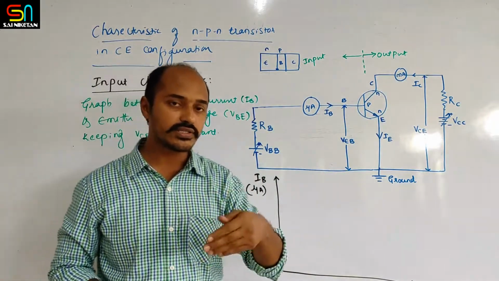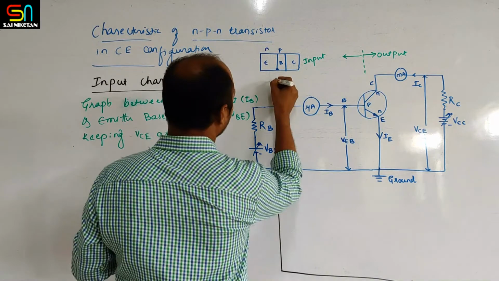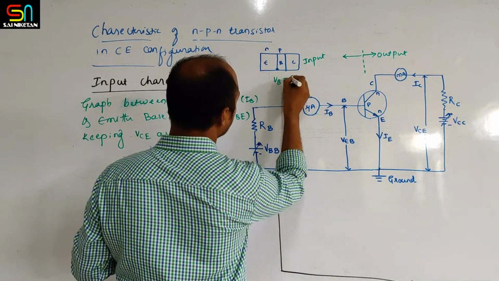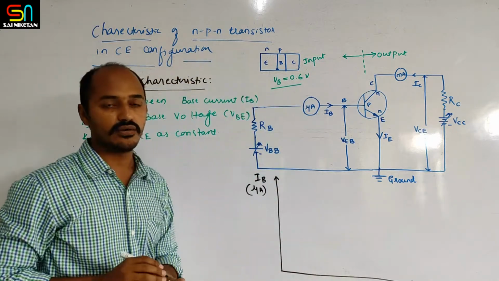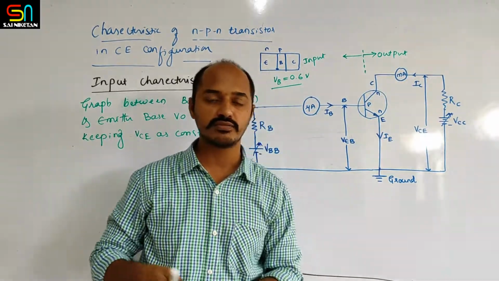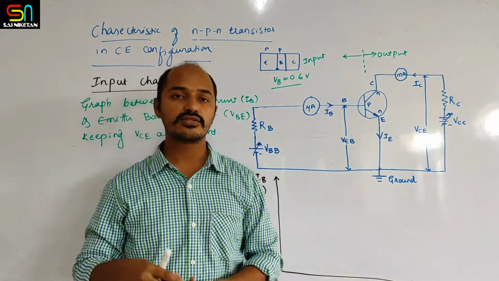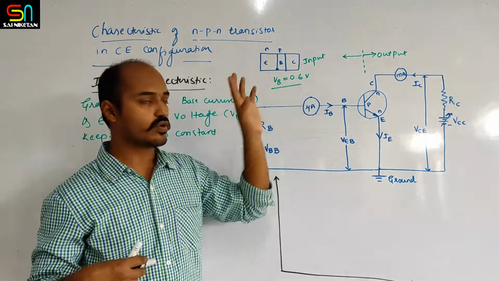Let us understand that the voltage barrier is around 0.6 for a silicon semiconductor. If this NPN transistor is made of silicon, then the voltage barrier is around 0.6.